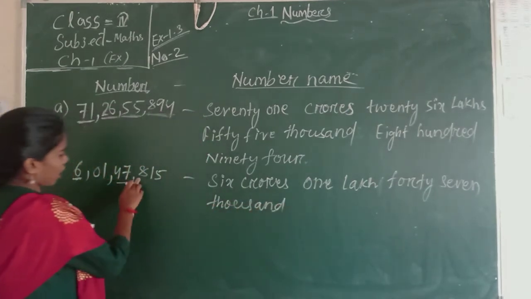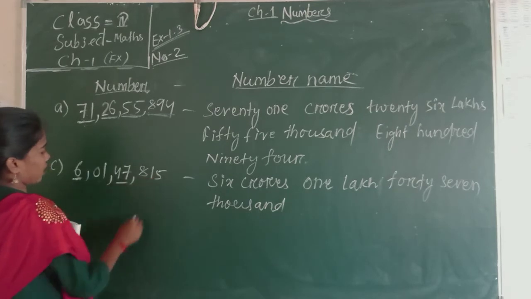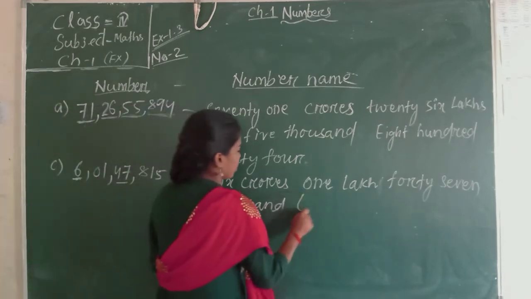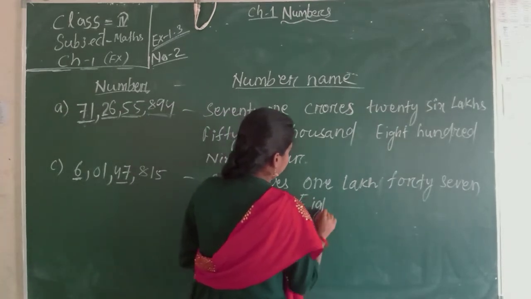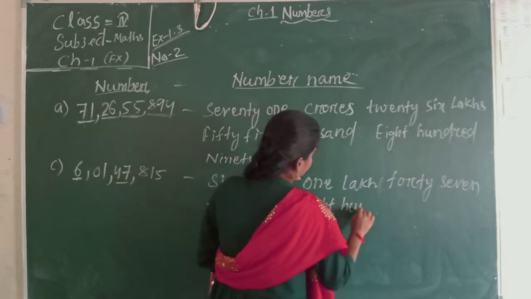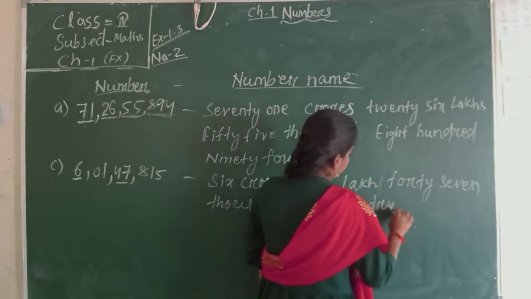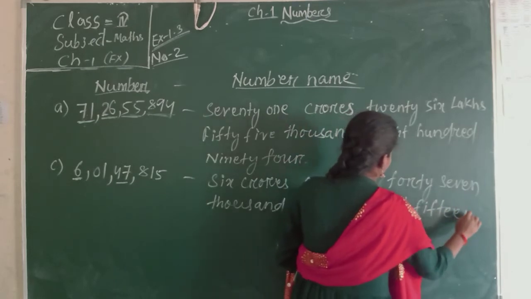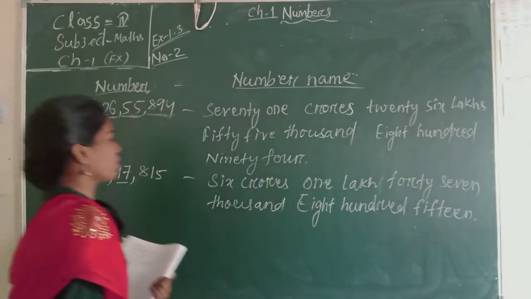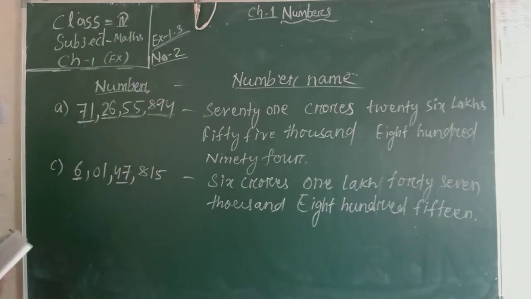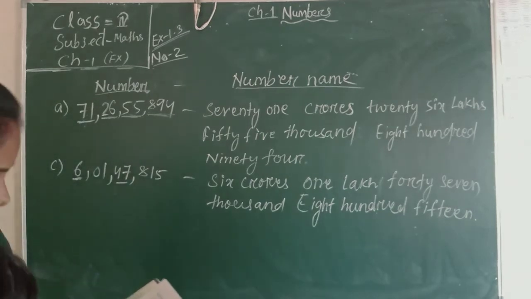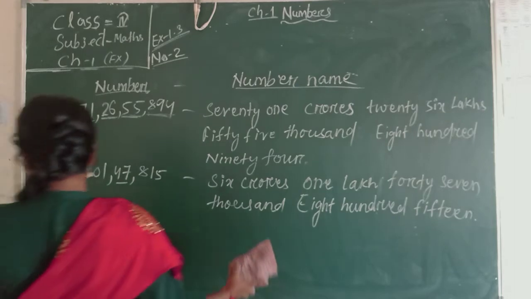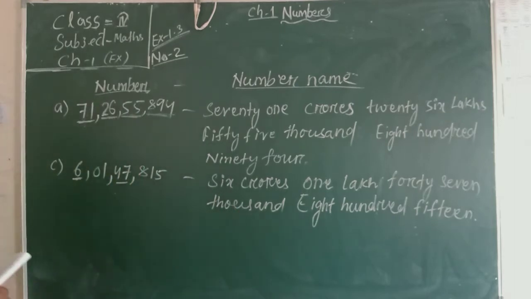Next, in the ones period there is 850. So right here 850. Okay. So this is the number name for this number. This is your D number.